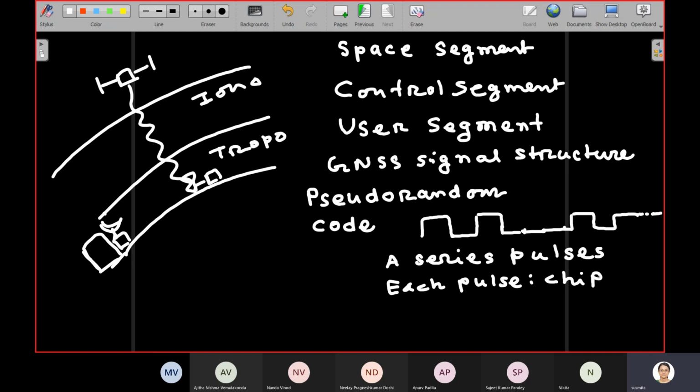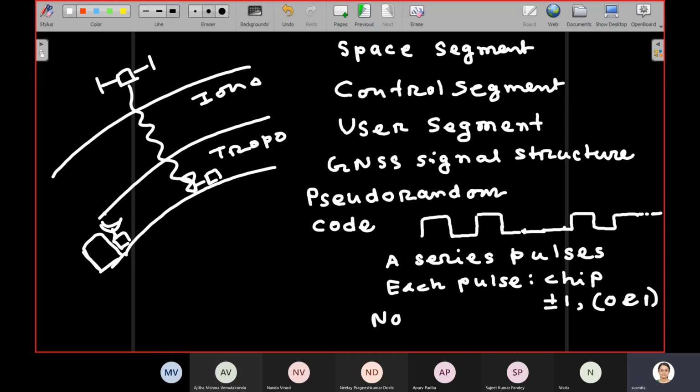Okay, now we can have two representations for chips, either plus minus 1 or 0 and 1. In the 0 and 1 representation, plus 1 is equivalent to 0 and minus 1 is equivalent to 1. So basically they can take binary values which we can represent as plus minus 1 or 0 and 1. Okay.